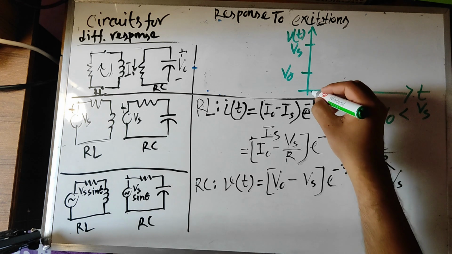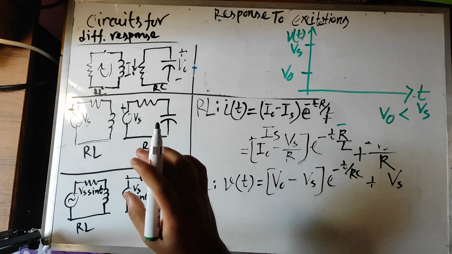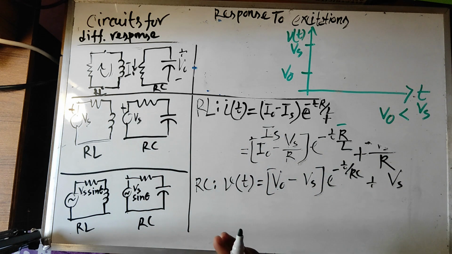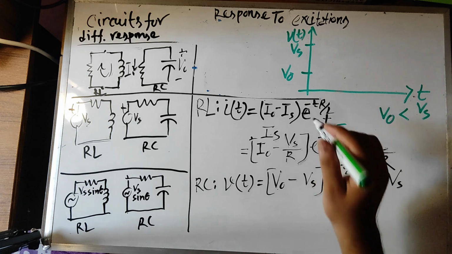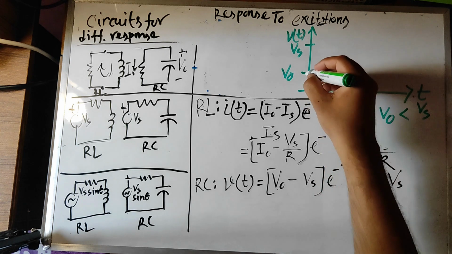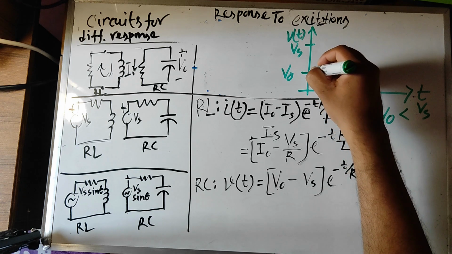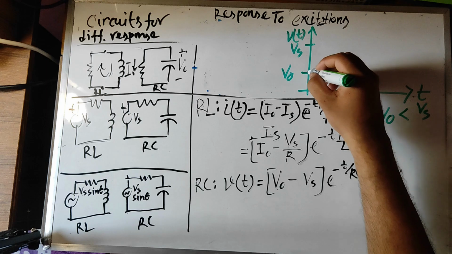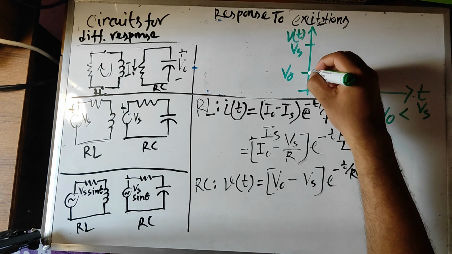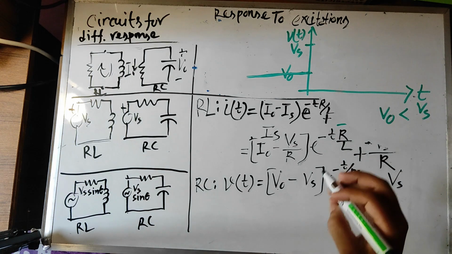So before t equals 0, there was an initial DC voltage V0, which is obviously a DC value.